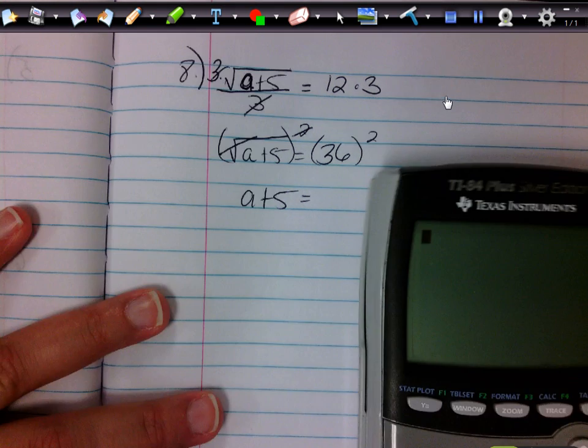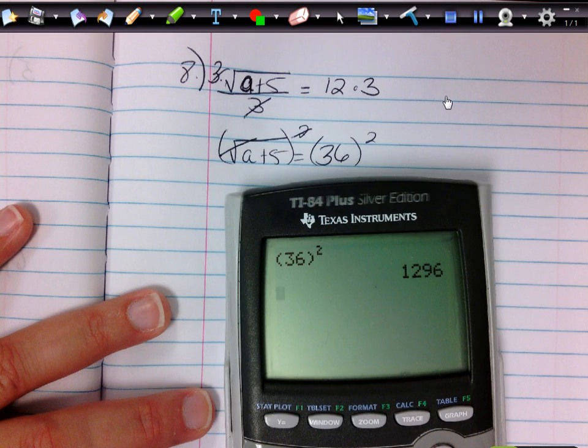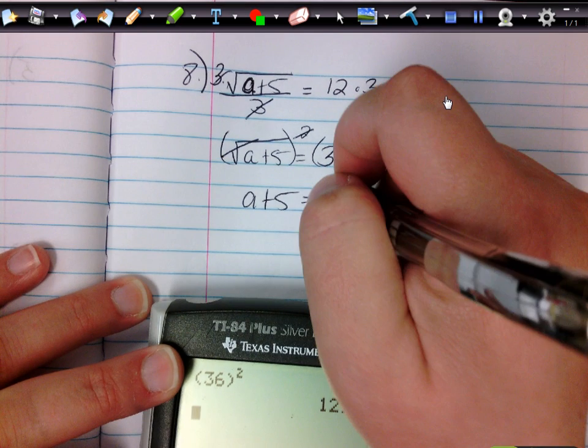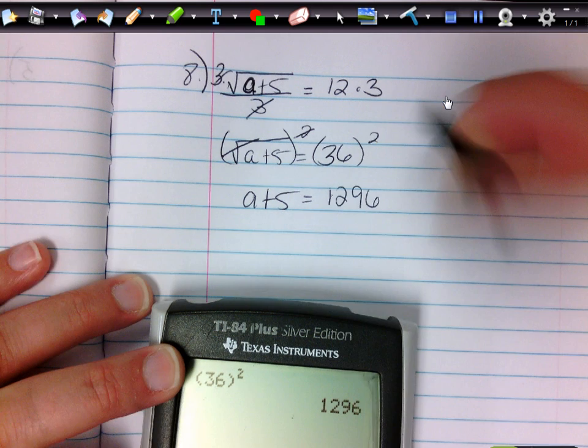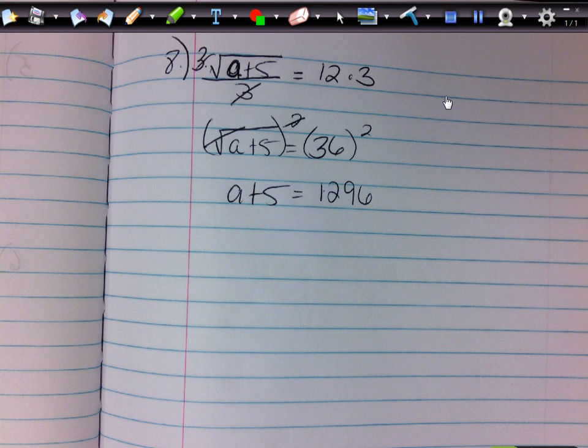So make sure that you're doing what the operation is asking. So I say 36 squared, and I get 1,296. So again, don't just go ahead and say, oh, well, it's obviously 6 because it's 36. We're squaring 36, not taking the square root of it.